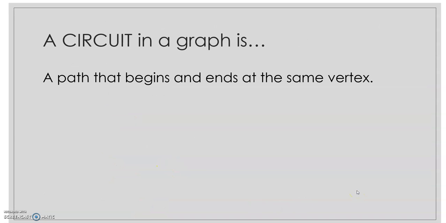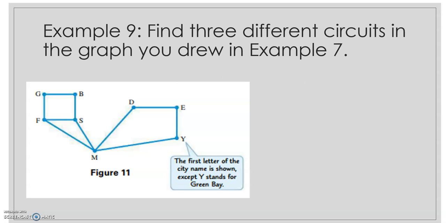A circuit in a graph is a path that begins and ends at the same vertex. Begins and ends at the same vertex. Find 3 different circuits you drew in example 7.